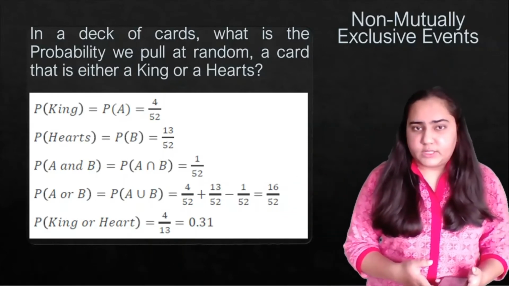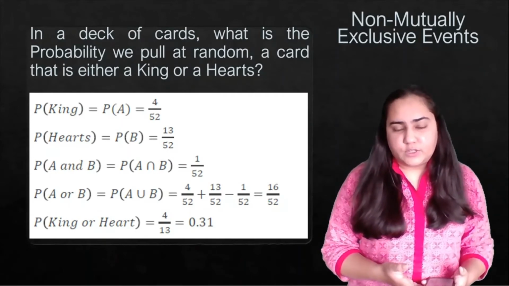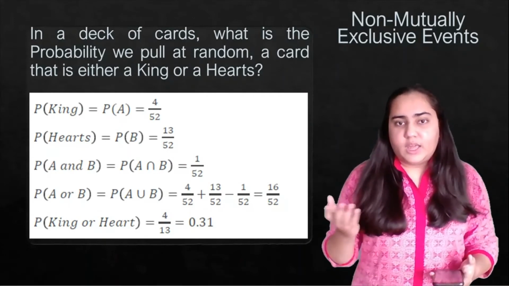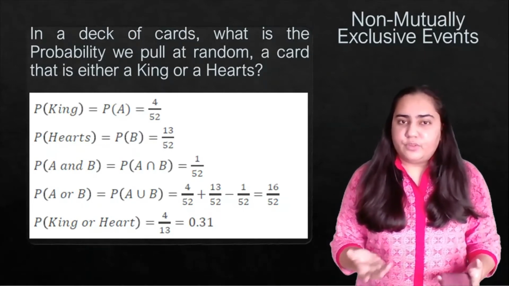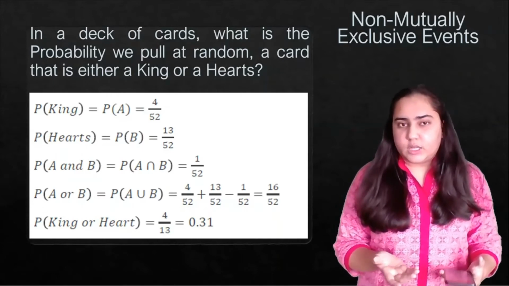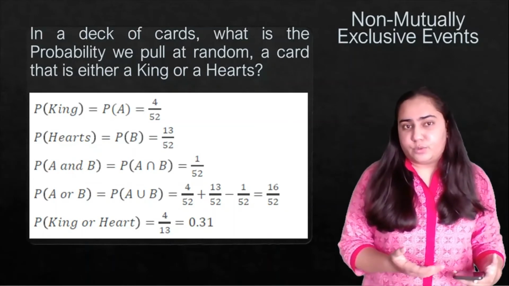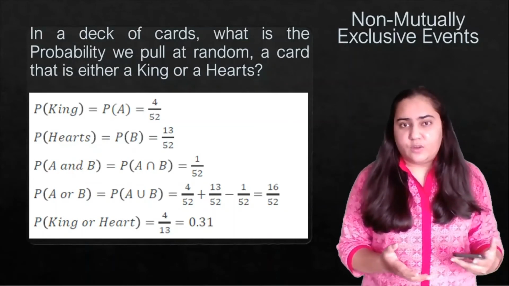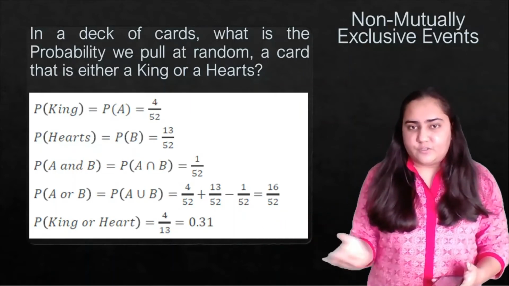Now that probability is 4 by 52 plus 13 by 52. So we add those two, and from there we subtract the probability of both events happening together, because the question is not that the card is a king of hearts, but what's the probability that it is either a king or a hearts card, but not both. And that's why we are subtracting this from here.